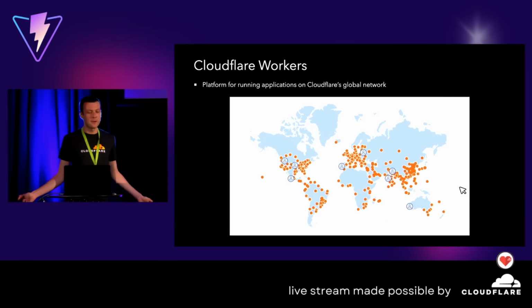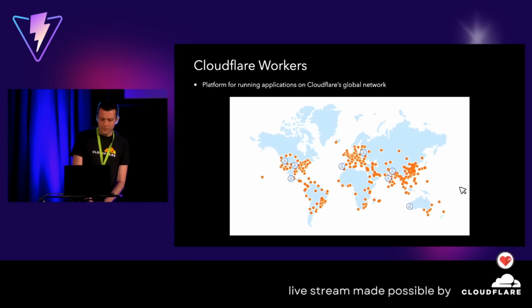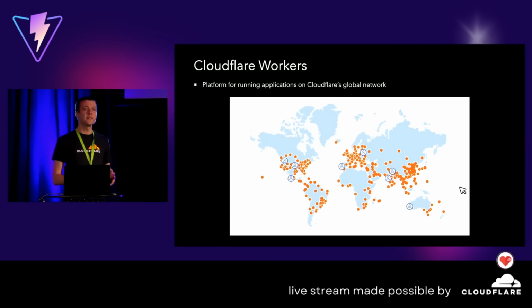So fundamentally, Cloudflare Workers is a platform for running applications on Cloudflare's global network. And workers themselves sit at the center of a platform that has all the features you need to build modern applications. So there's fundamental primitives like KV, which is a key value store, D1, which is a relational database, R2 for blob storage.